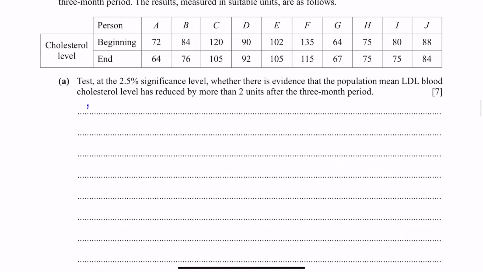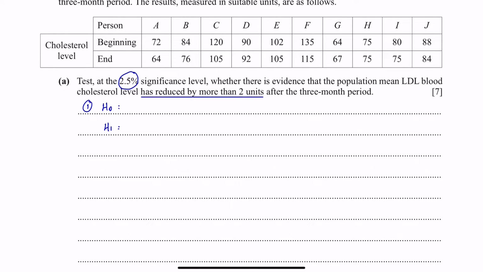So for the first step, same thing, we would find the null hypothesis and alternative hypothesis. So the null hypothesis would be, oh sorry, I haven't read the question yet. So at 2.5% significance level, test whether there is evidence that the population mean LDL blood cholesterol level has reduced by more than 2 units after the 3-month period.